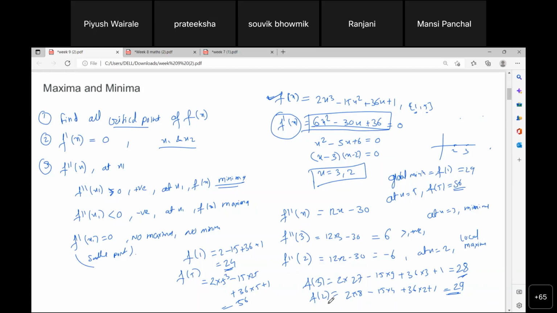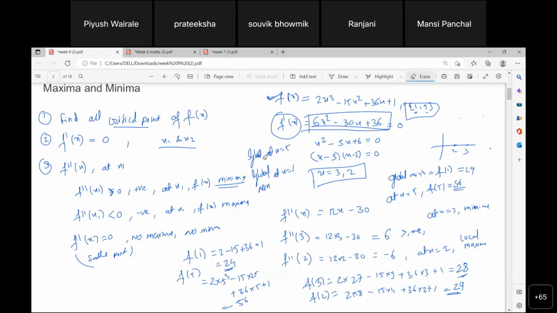So if you compare f of 3 and f of 2, I will get a global maxima at x equals 5 and global minima at x equals 1. Okay. So if you are asked only for local maxima and minima and you are not given any interval, you can simply find the critical points and find the value of the function at these points. Okay. Any doubt in this problem?